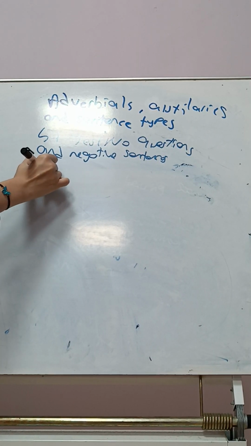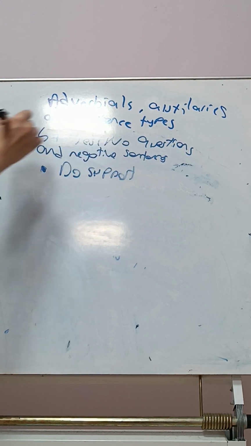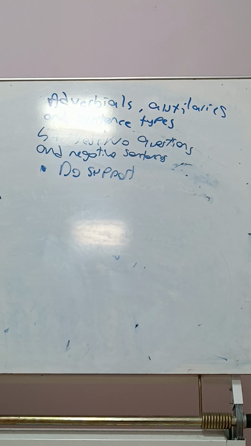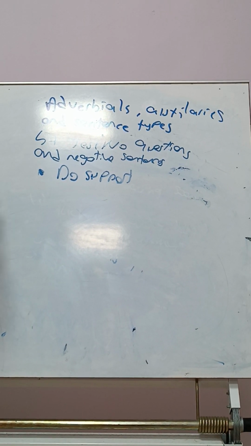Now let's look at the do support. Here, what happens if you wish to form a negative or interrogative sentence from a sentence that has no auxiliary other than tense? Let me give an example for you.